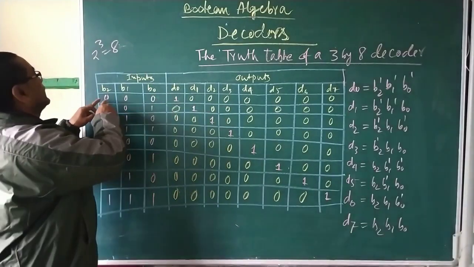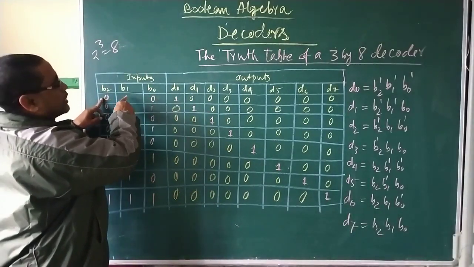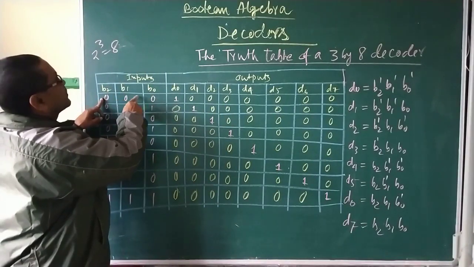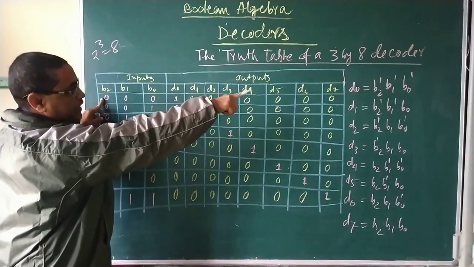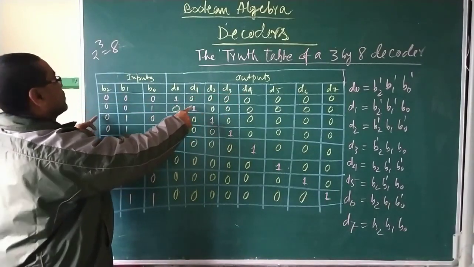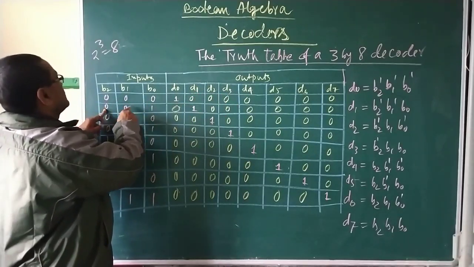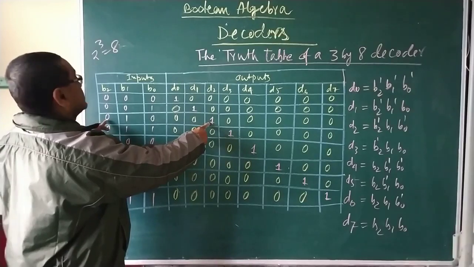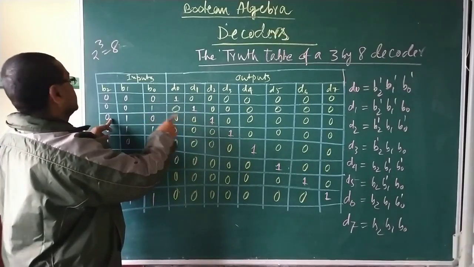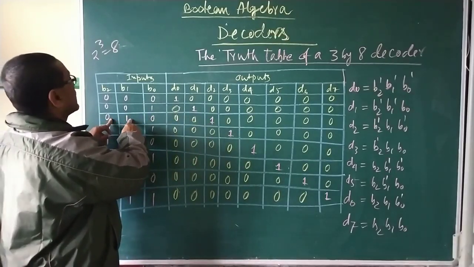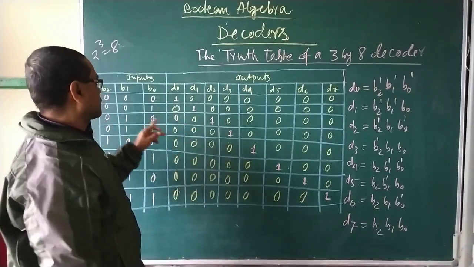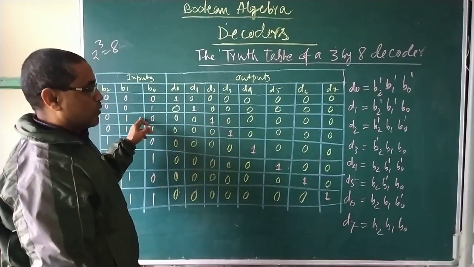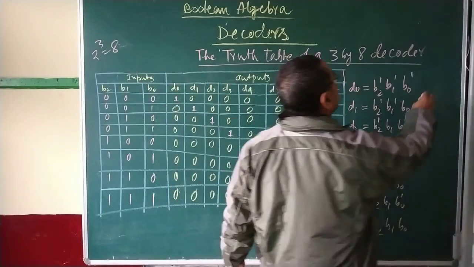That means the corresponding B2 complement, B1 complement, and B0 complement. All three are complement. Now here it is 1, so B2 complement, B1 complement, and B0. Here it is 1. Then this is 3, D3 equal to B2 complement, B1 and B0. Like that way if you go, 0 means complement, 1 means without complement. So these are the outputs we are getting here.